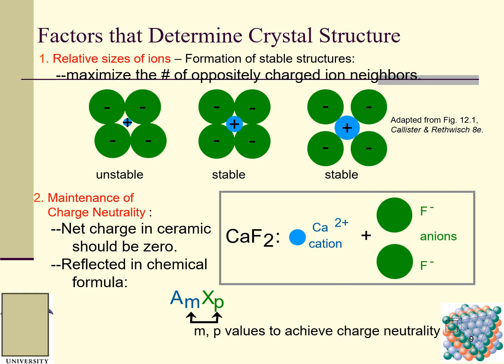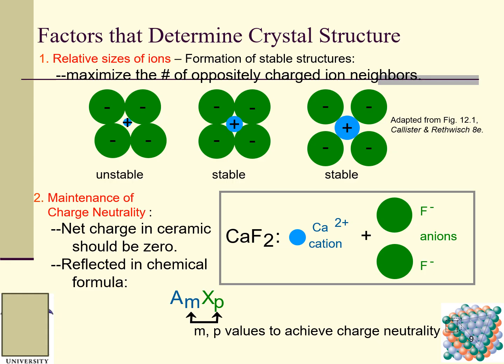So this is the first reason. The second one is maintenance of charge neutrality. The net charge in a ceramic should be 0. This is what I told you, and it is reflected in the chemical formula. For example, this is calcium fluoride. So this is one calcium atom and two fluorine atoms, so three ions.